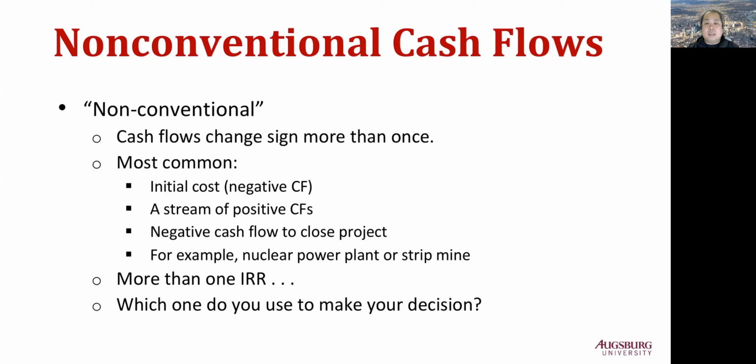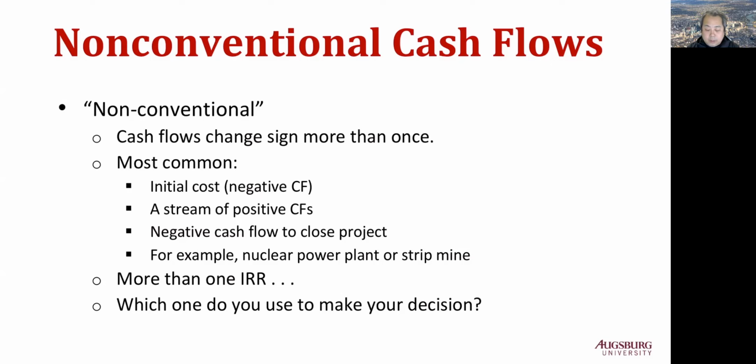In this case, the sign changes twice. If the sign of cash flow changes more than once, we will have more than one IRR. This is called a multiple IRR problem. The issue is we cannot use any IRR to make a decision.